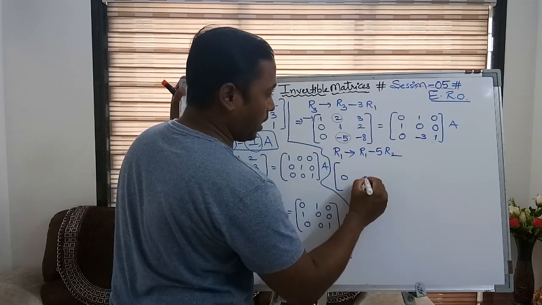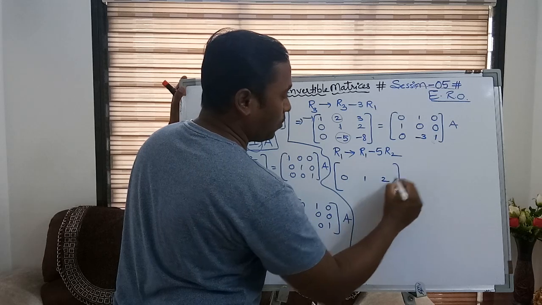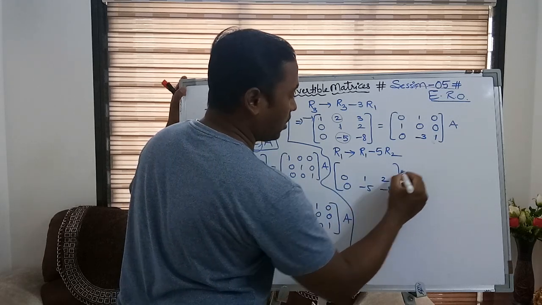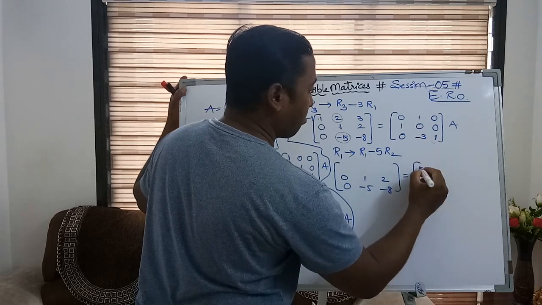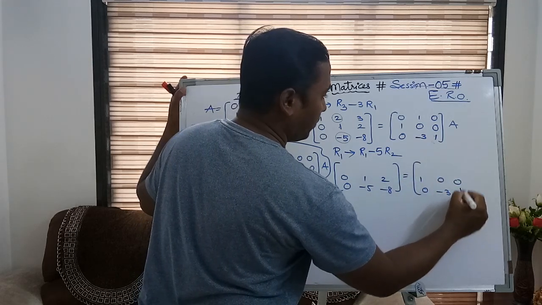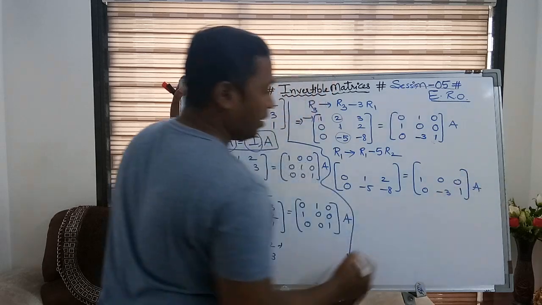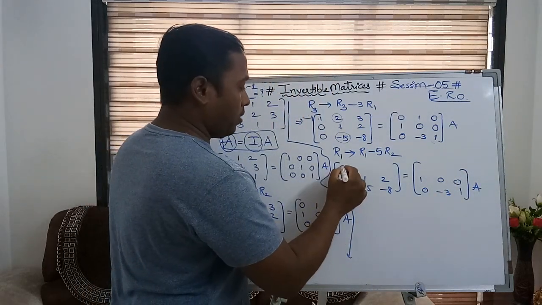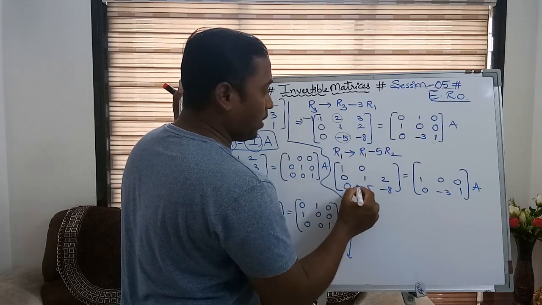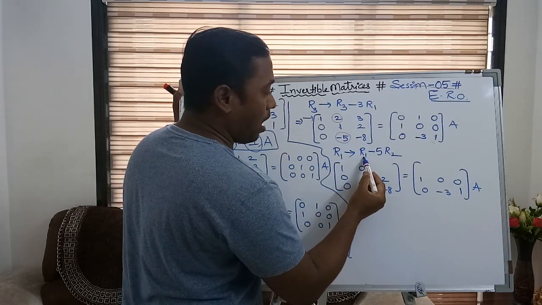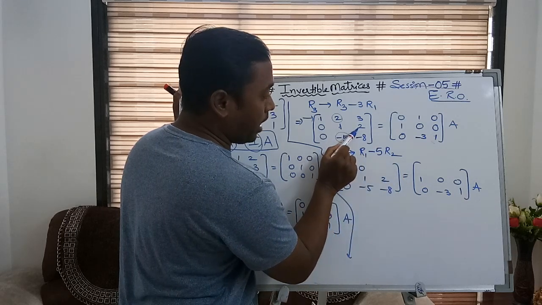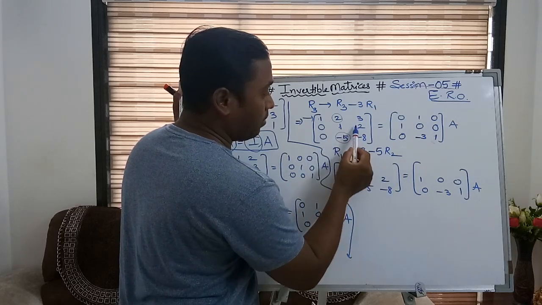So hence first I will write those elements which are unchanged. Right? Now if I do that, ultimately it will be 1 and then it will be 0. Then if I apply R1 minus 5 times R2, so 3 minus 5 times 2, that is 10.